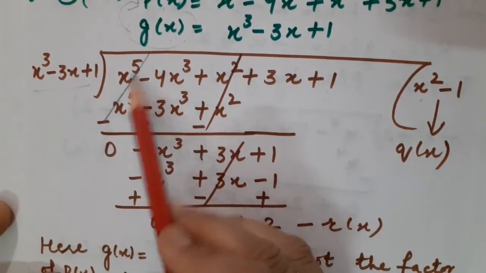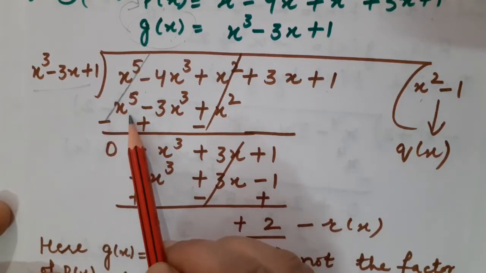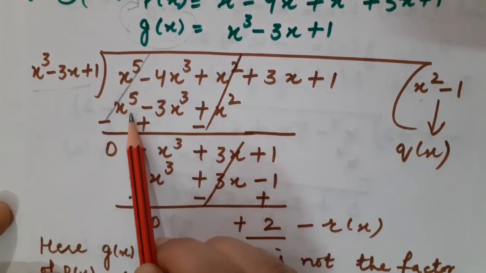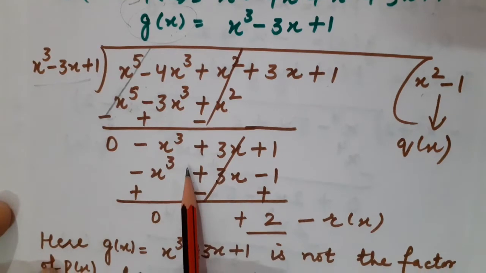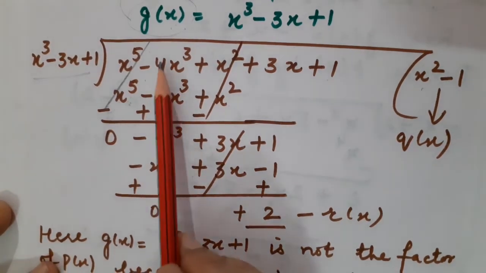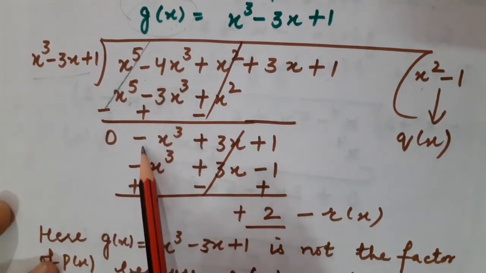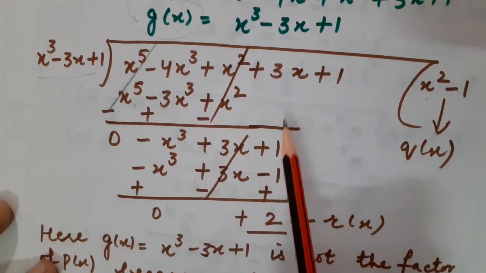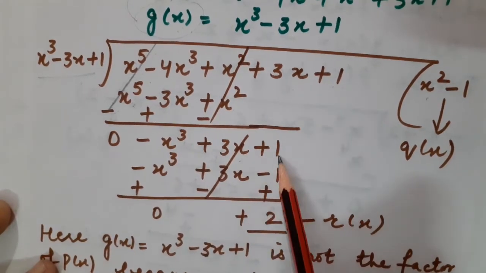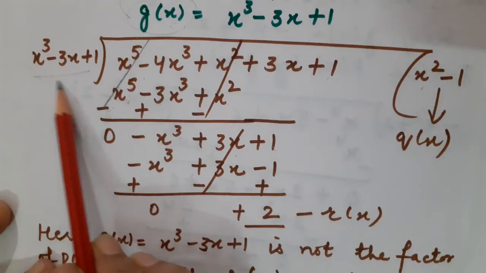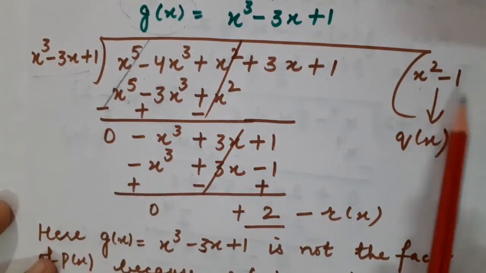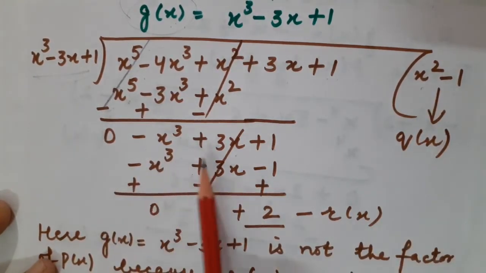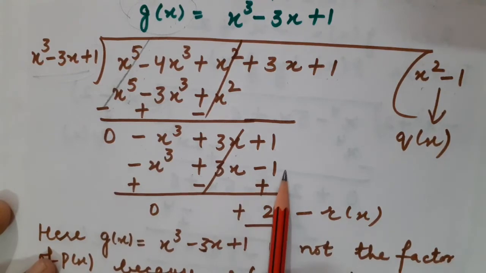So children, I have got here, after simplifying them, minus 4 plus 3, I have got minus x cube. Here I have got plus 3x plus 1. Fine. Now I am multiplying this complete gx by minus 1. I have got minus x cube plus 3x minus 1.